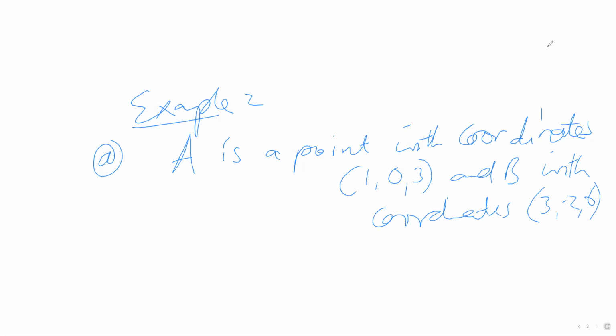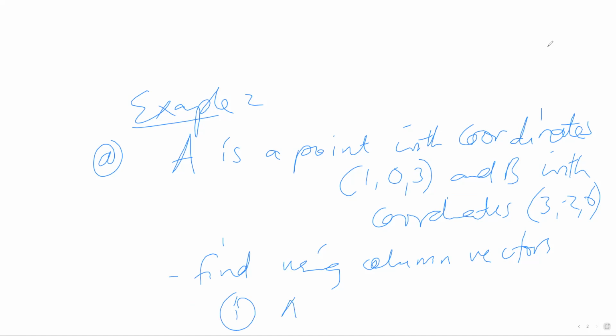The first question is, find using column vectors, AB.